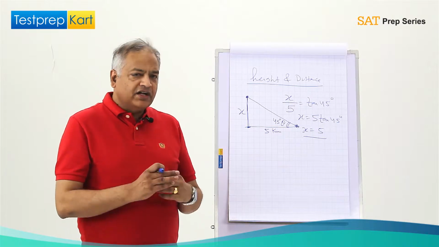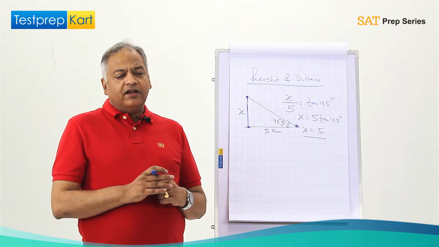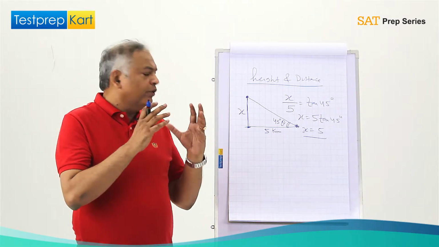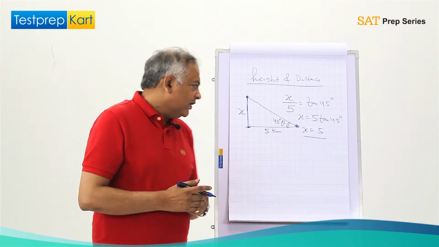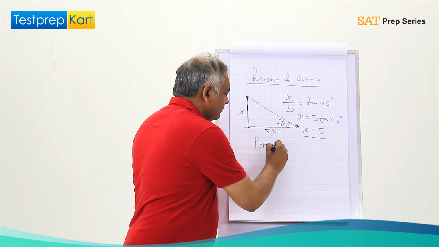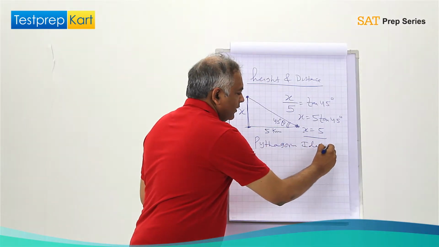Now there are certain trigonometric identities. With the help of those identities, one can always find the solution of various problems. Those identities are known as Pythagorean identities.